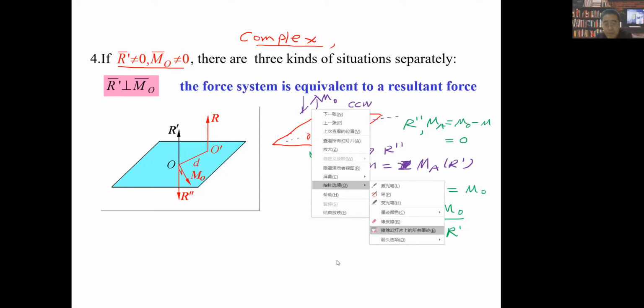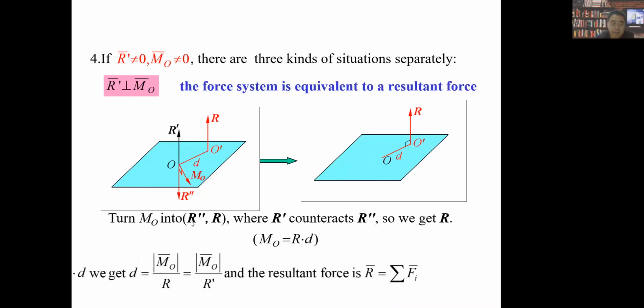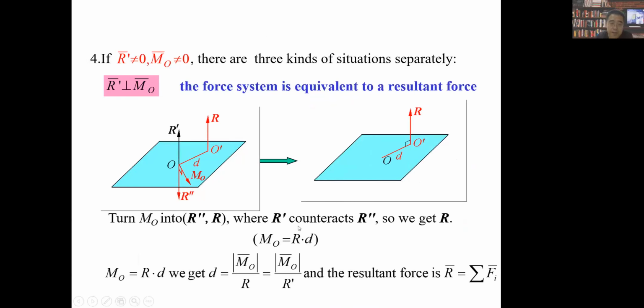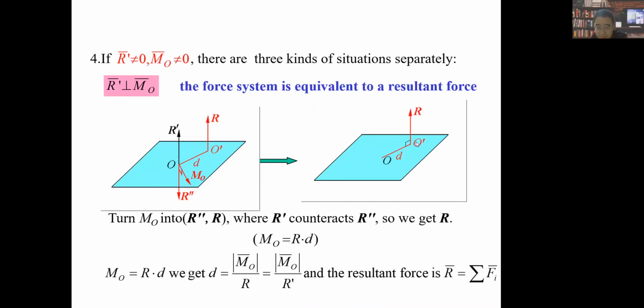So that's the result. That means we turn MO into R prime and R double prime, where R prime counteracts R double prime. So we get R. Then what's the result? Actually, we can find the new R. It will just go through this O prime.